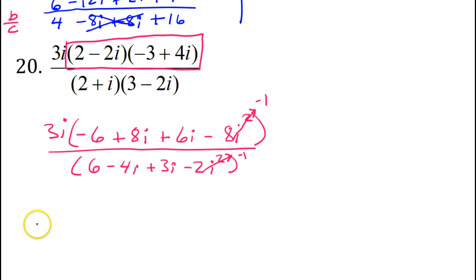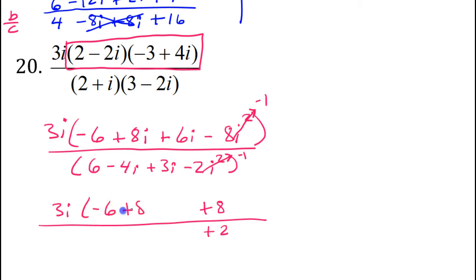That means that instead of negative 8, I will have plus 8. Instead of minus 2, I will have plus 2. Okay, so I'm just going to bring the rest of it down. So I have 3i times negative 6 plus 8i plus 6i. And down here, I have my 6 minus 4i plus 3i.